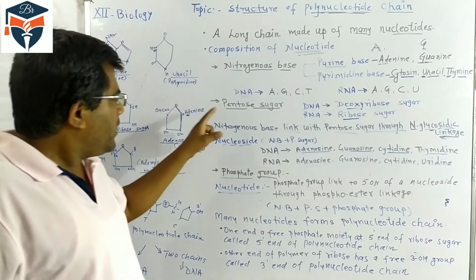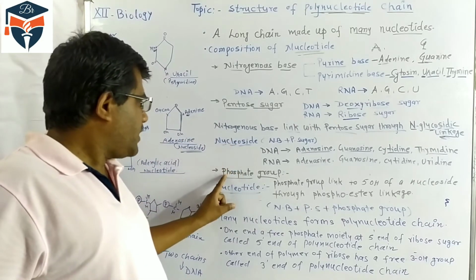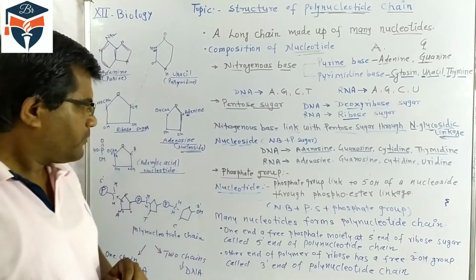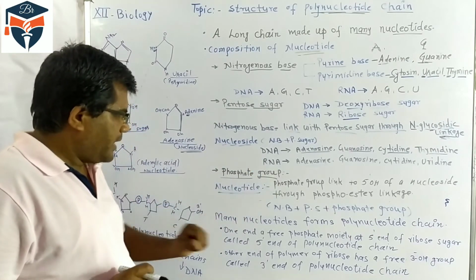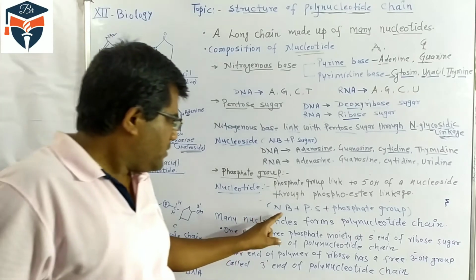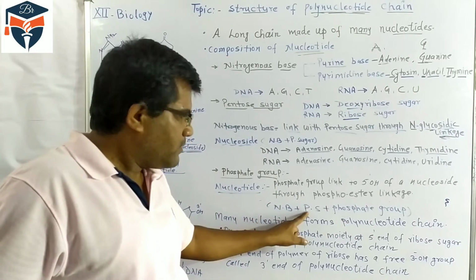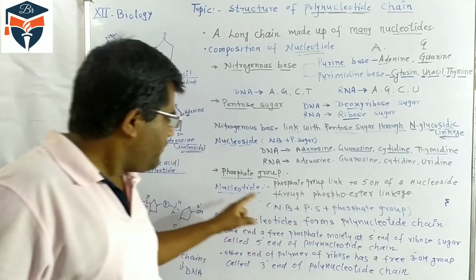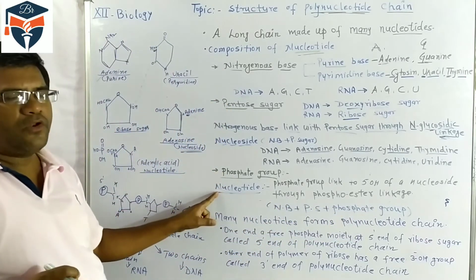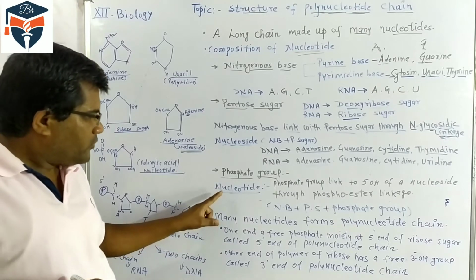Now when a phosphate group is added in a nucleoside, what will be the combination? Nitrogenous base, pentose sugar and phosphate group, and this is combinedly called a nucleotide. So what is this nucleotide?